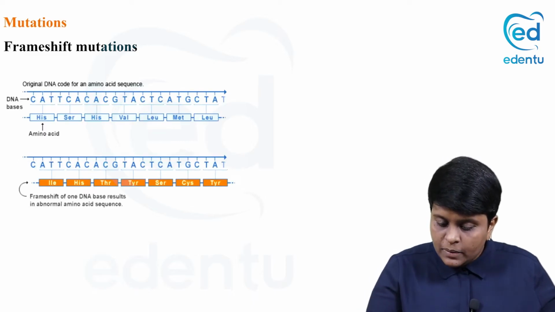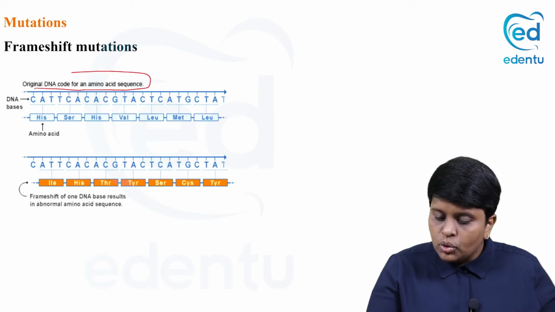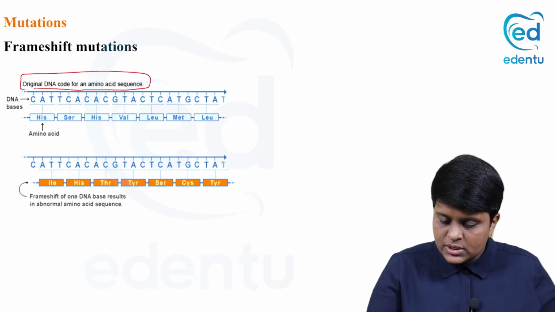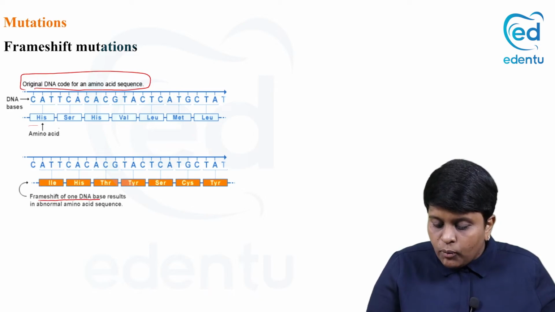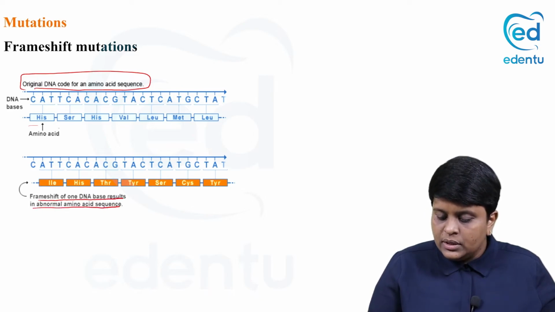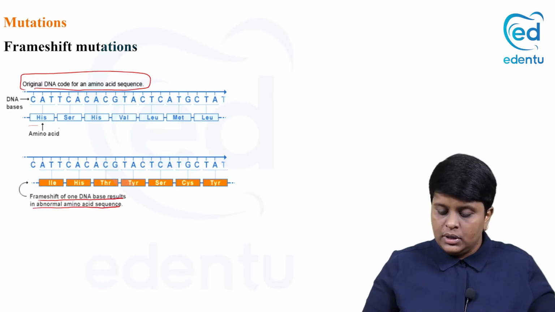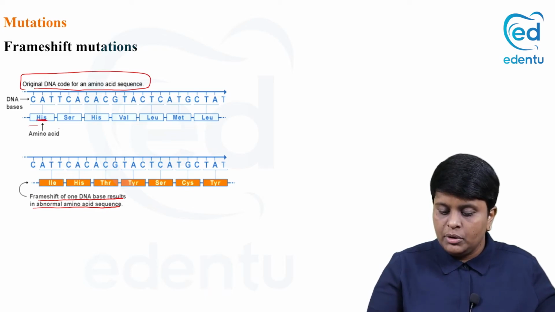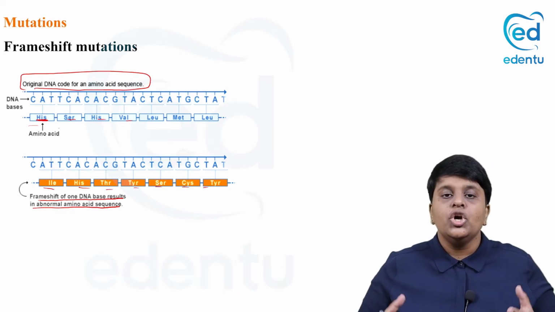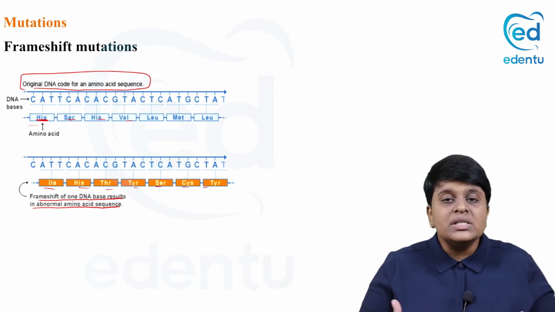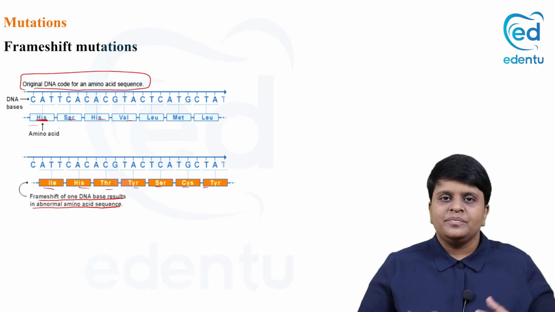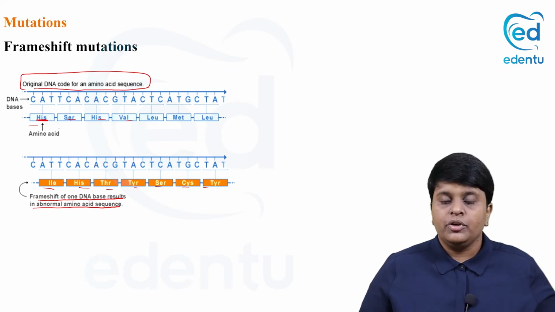So here if you see, this is the original DNA which codes for an amino acid sequence. This is the amino acid sequence which is added here. Now, frame shift of one DNA base will result in a totally abnormal amino acid sequence. So here the amino acid sequence was histidine, serine, histidine, valine. Here the amino acid sequence has totally changed, which can lead to dysfunctional protein. That is about frame shift mutation.